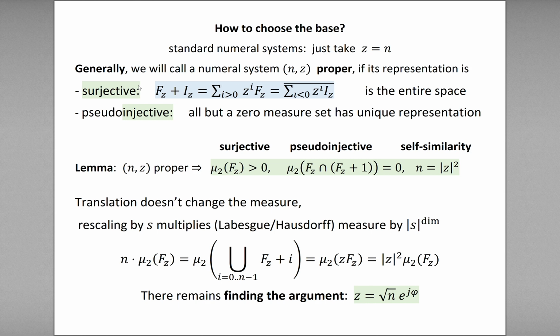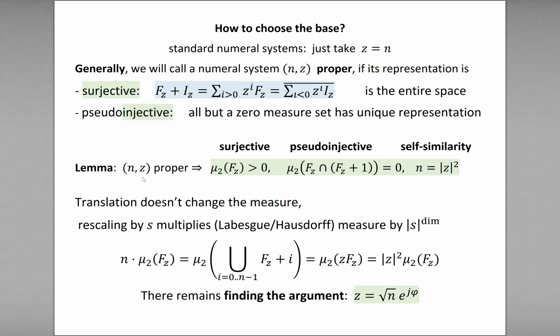This is the surjectiveness, and we have this injectiveness, but not complete. We have these points with 2 or more representations. So we would like its second Lebesgue measure to be 0, or its Hausdorff dimension to be lower than 2. We will find the Hausdorff dimension later analytically for this kind of sets.